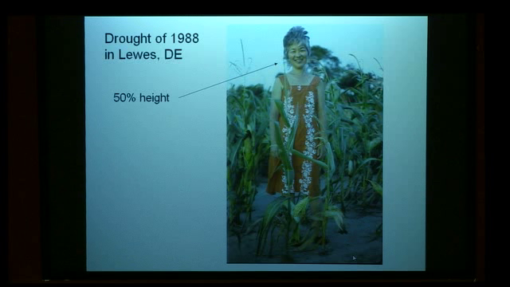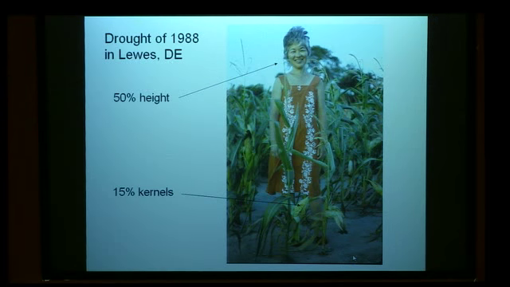In this particular year, drought occurred at the time of pollination, and you can see the plants reached about 50% of their usual height, and on this ear there's about 15% of the usual kernel development, the rest having aborted. Normally, of course, there are about 500 to 600 kernels on an ear that's developed normally.